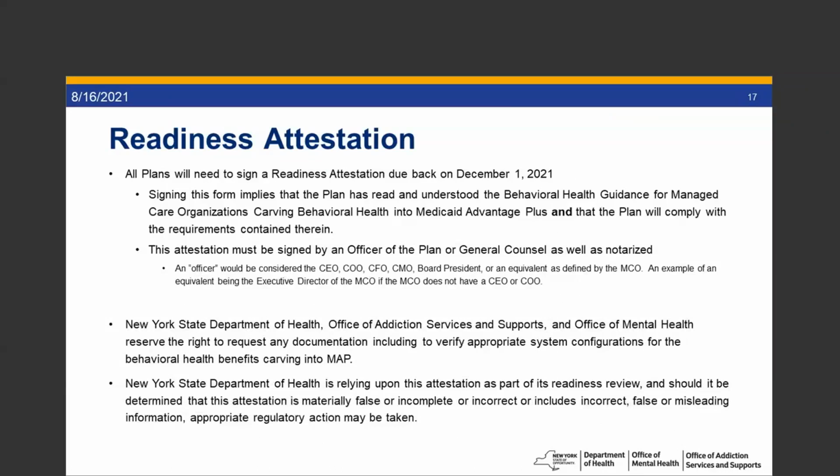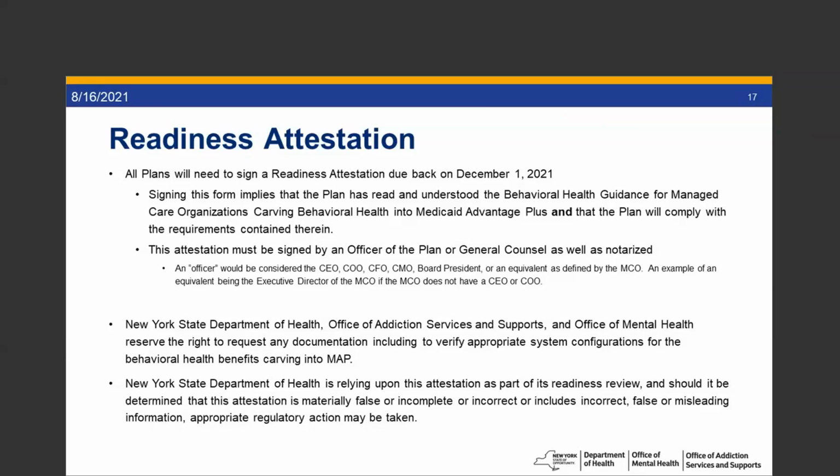That attestation outlines that you're attesting to meet all the components within the MAP BH guidance document that we sent, as well as other key areas such as staff training, configurations, and provider training. The attestation must be signed by the officer of the plan or general counsel as well as notarized. And we do provide an example of what an officer of the plan would be, example being a CEO, a COO, et cetera.